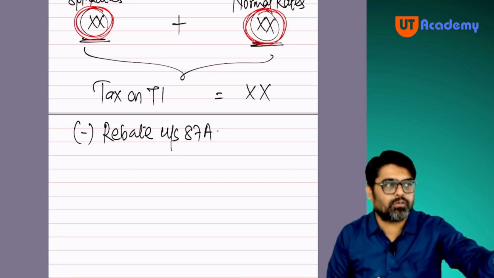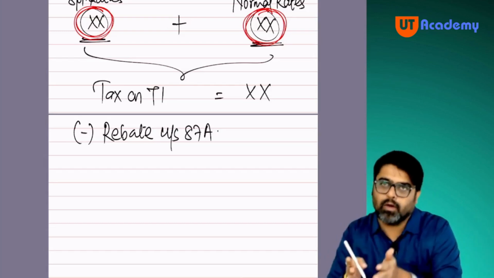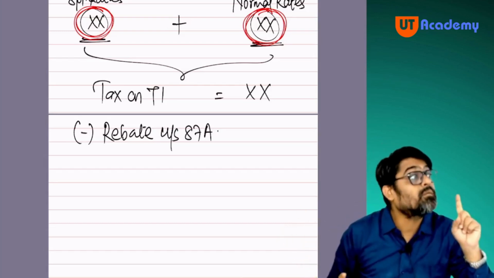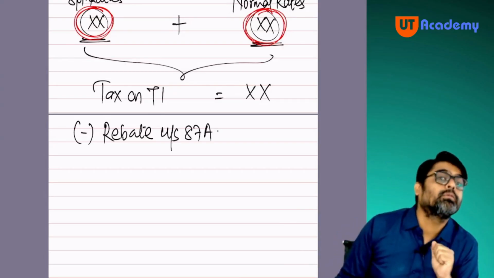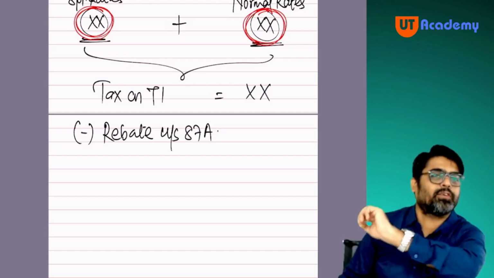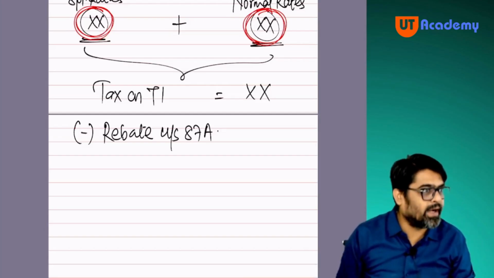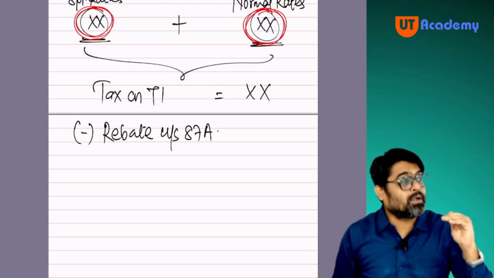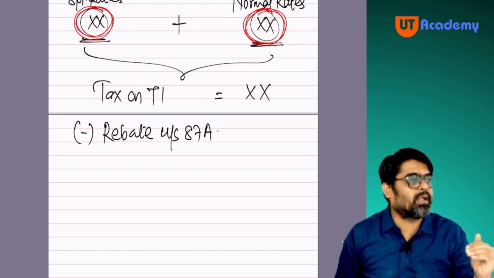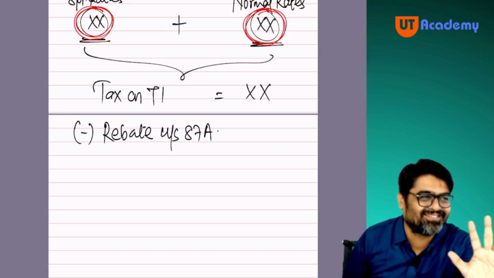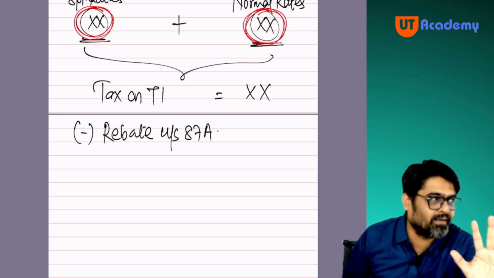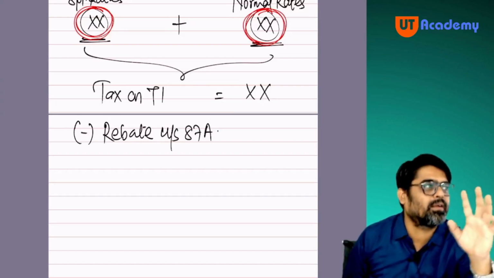Only individuals. Not Individual, HUF, AOP, BOI, AJP, no. Only individuals. So are you an individual? You must be a resident also. And your total income should not be more than 5 lakhs. Then only you will get the rebate.